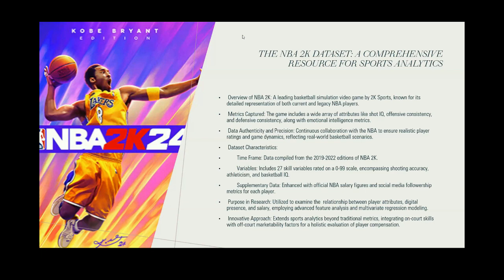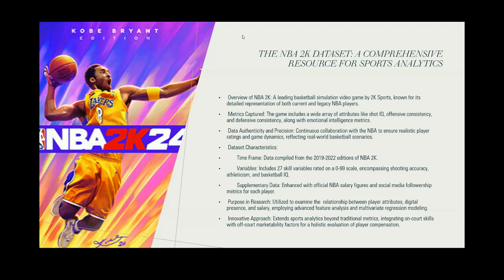It's comprehensive, and there are not too many researchers who focus on the 2K dataset and try to apply it. So this is one of the unique parts of this research. For this dataset, the time frame is 4 years of 2K, with 27 skill variables.